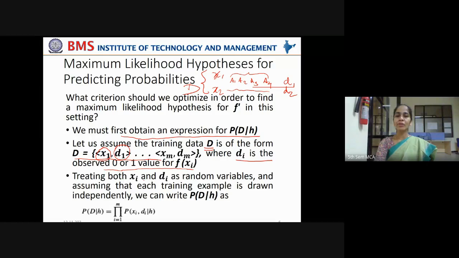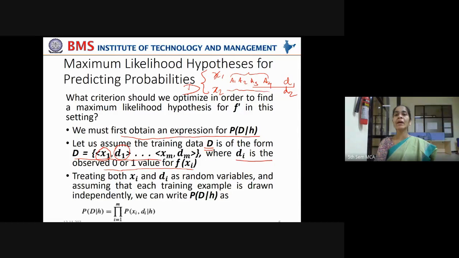Now, treating both xi and di as random variables. In the previous case, in Bayes' theorem, when we were calculating the posterior probability, we assumed that all the training examples are related. That is why we haven't used x in calculating the posterior probability.